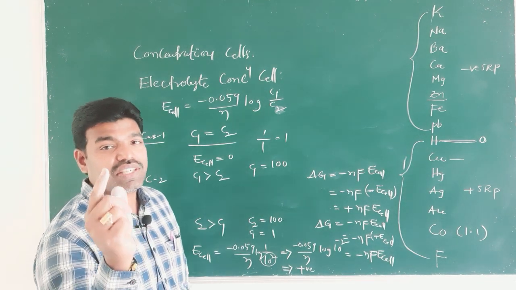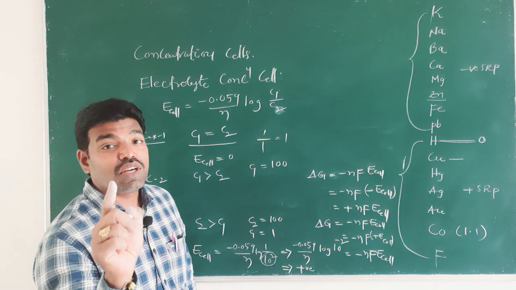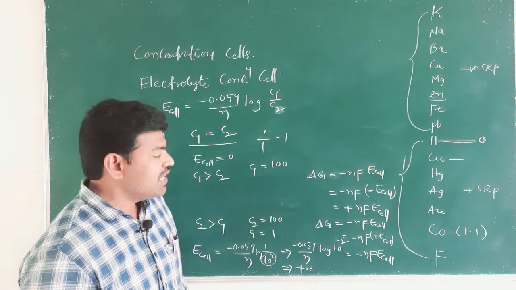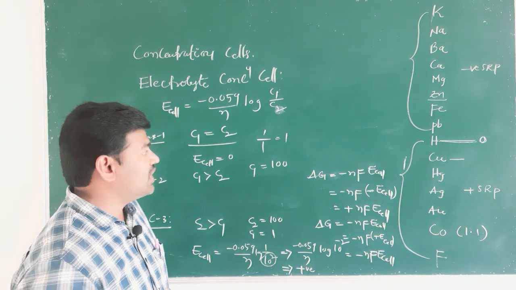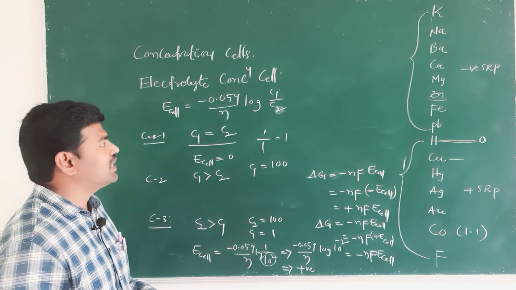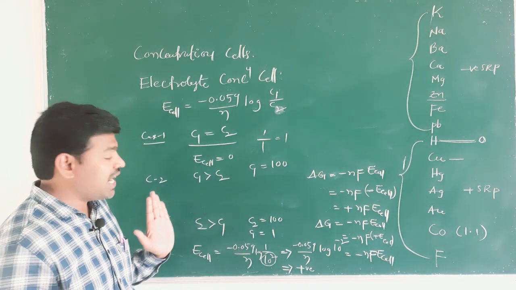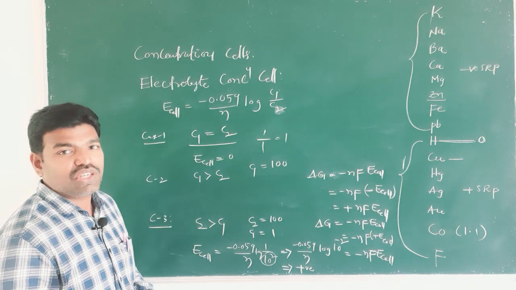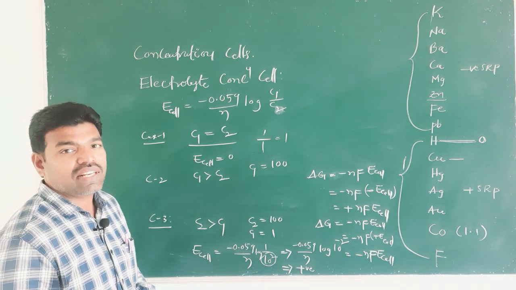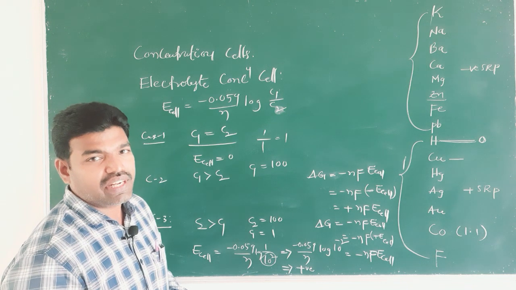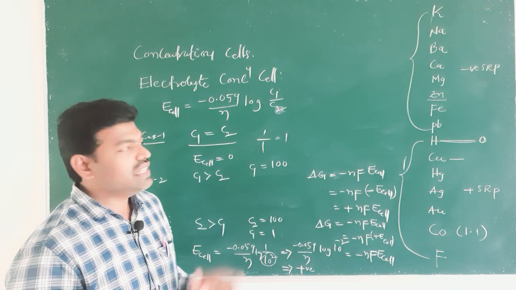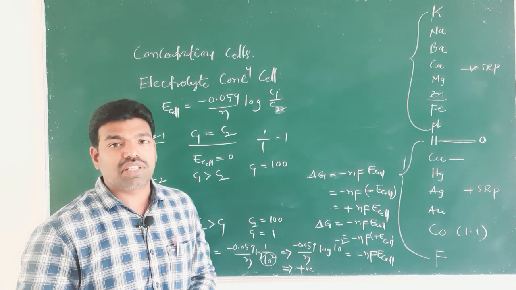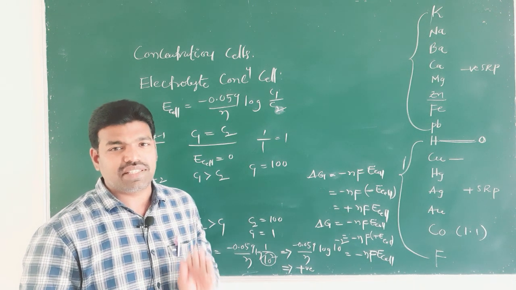When delta G is negative, that reaction is spontaneous. So this reaction is spontaneous when C2 is greater than C1. In this way we can understand electrolyte concentration cells.